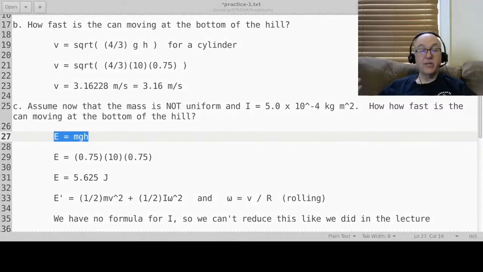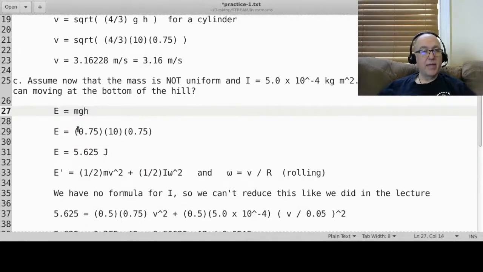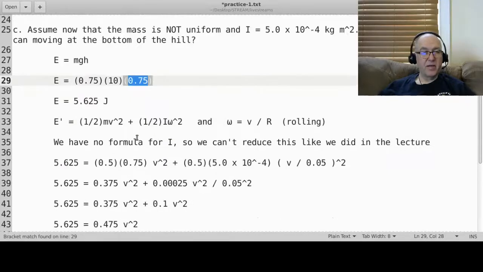This is exactly like the energy problems we did with roller coasters going downhill. At the top of the hill, it isn't rolling, it isn't moving at all. It's just sitting up there until maybe I give it a bit of a nudge. So all of its energy is gravitational potential energy, mgh. Substituting in the numbers, m is 0.75, g is 10, and the height is 75 centimeters or 0.75 meters.